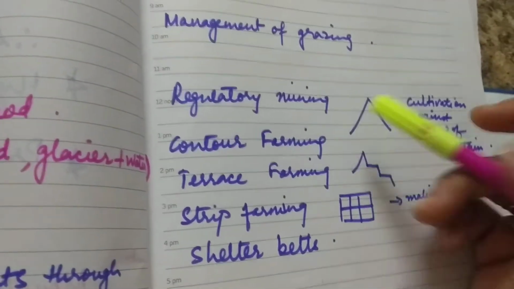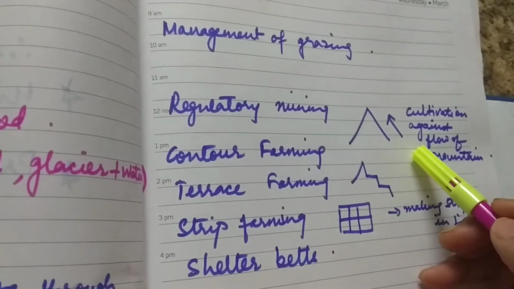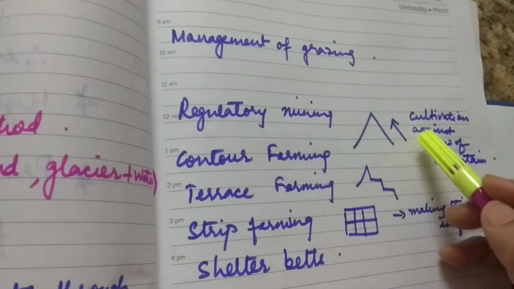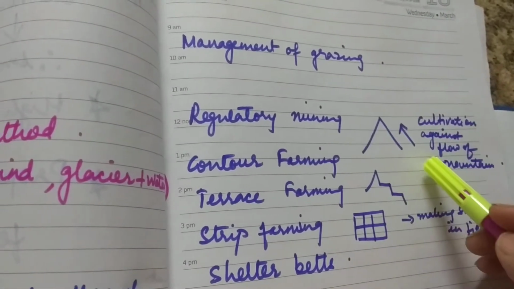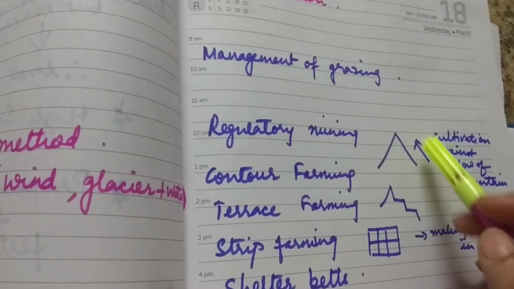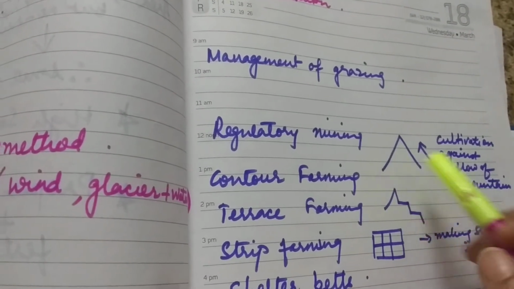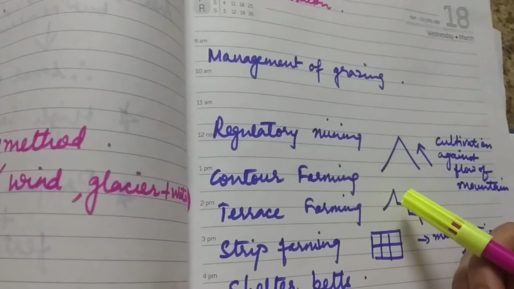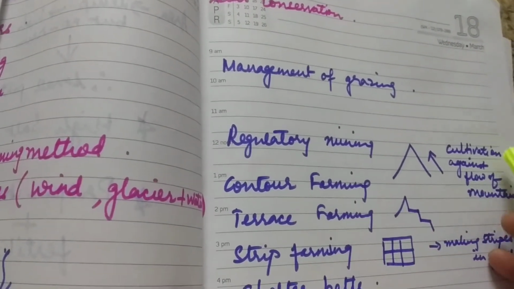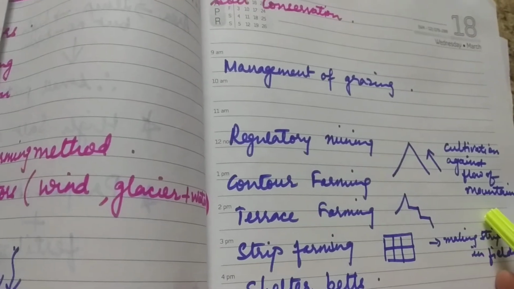Okay, so if this is my mountain, and I am doing farming against the slope, as I move up in the same way, then the water will not be able to wash away the topsoil.